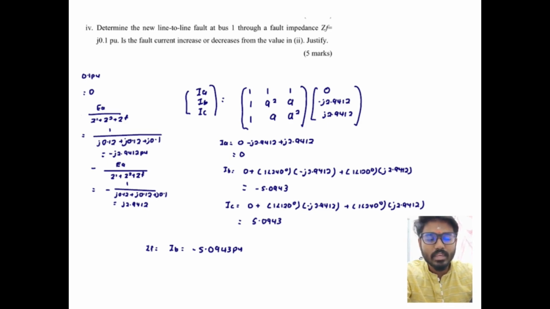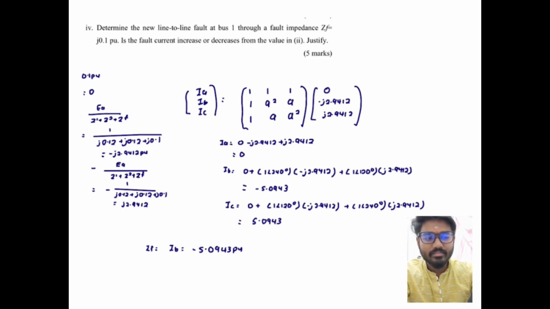For IB, 0 plus 1 with the angle of 240 degrees multiplied by negative J2.9412, plus 1 with the angle of 120 degrees multiplied by J2.9412, we will obtain negative 5.0943. And for IC, we use the same formula and we obtain 5.0943.